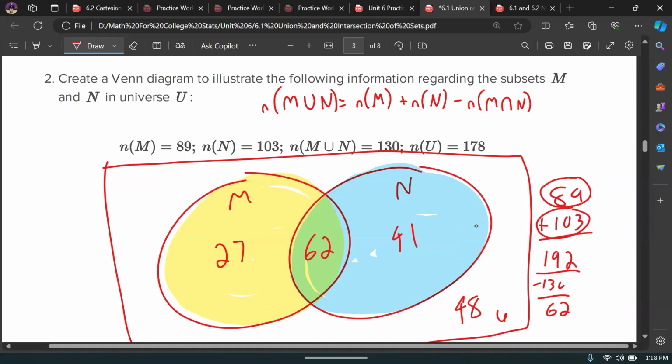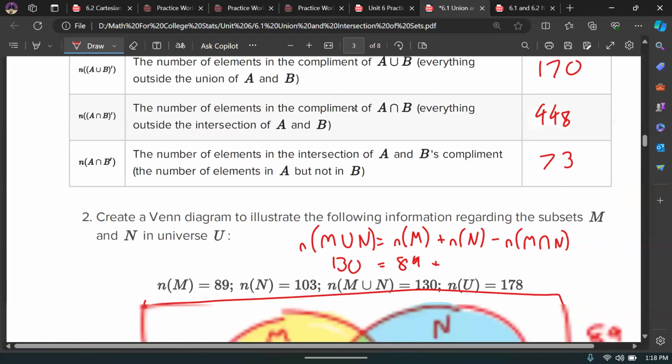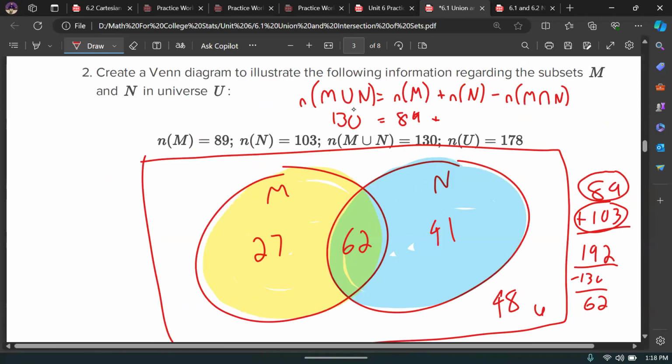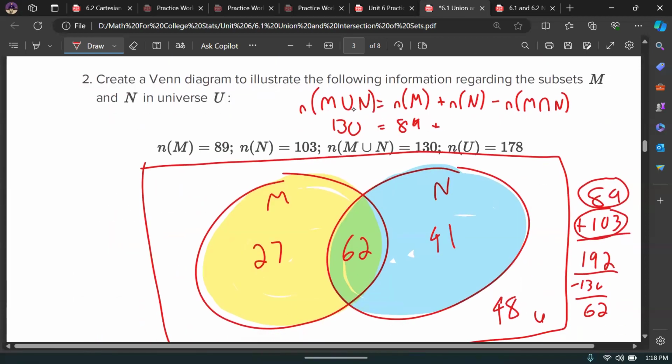So let me make sure you understand what I'm saying here. So the union of them together, remember, was 130, right? And we can get that number by adding up the total of M, which was 89, plus the total of N, which was 103.